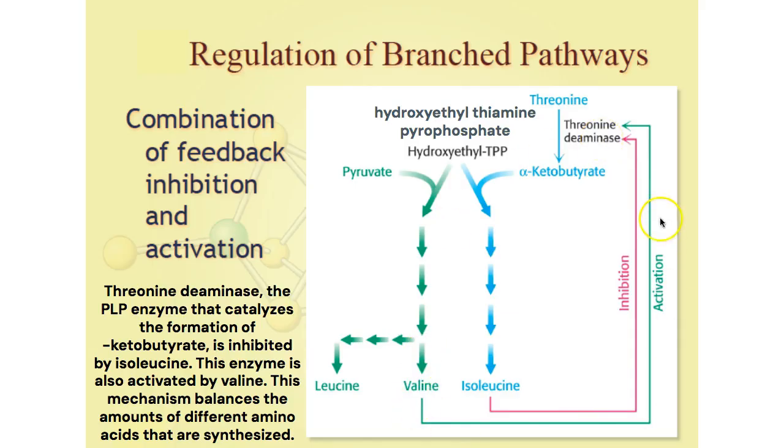So valine activates, which is not part of the actual product from the breakdown of threonine. It's something outside, and so that helps activate it. But the final product of threonine, isoleucine, once again causes feedback inhibition, and so it blocks the activity of the threonine deaminase.